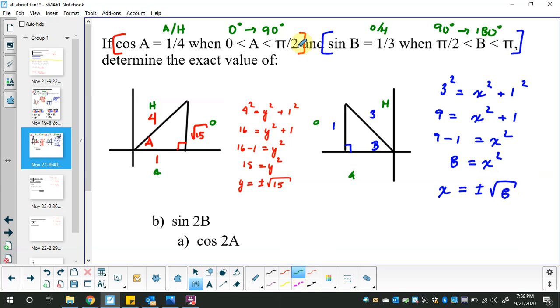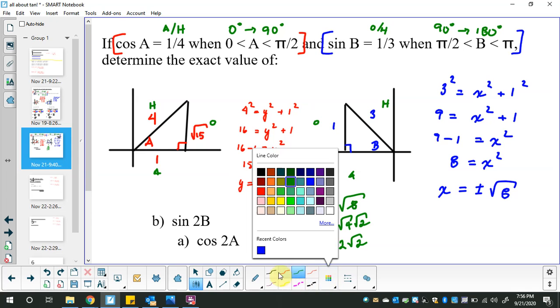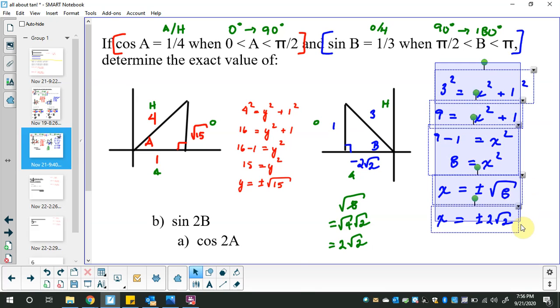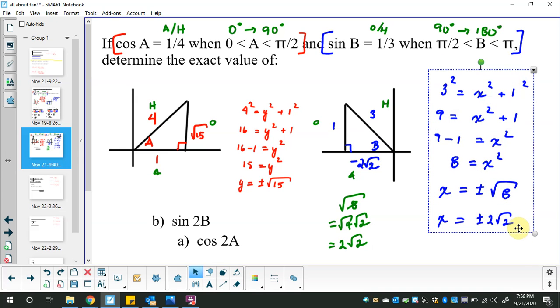Just to remind you that all the math eventually has to fit together. So root 8 is root 4 times root 2, 4 being a perfect square. So we can reduce this radical to x is equal to plus or minus 2 root 2. When I go to the picture, it's left. So I have to pick the minus to make the picture accurate. Scale this back.